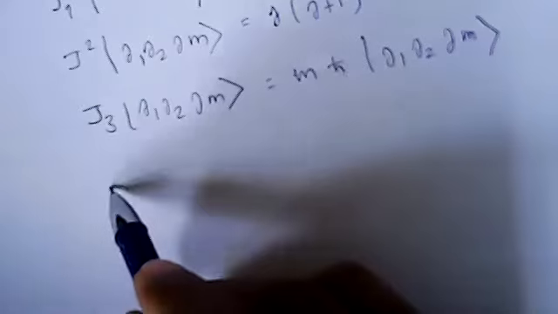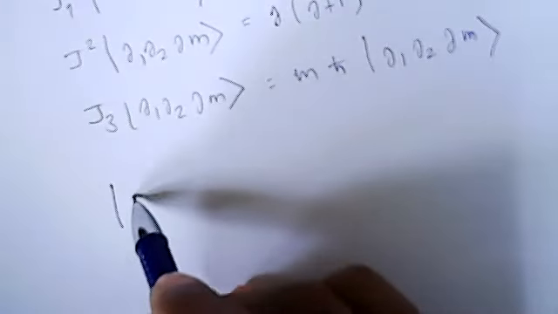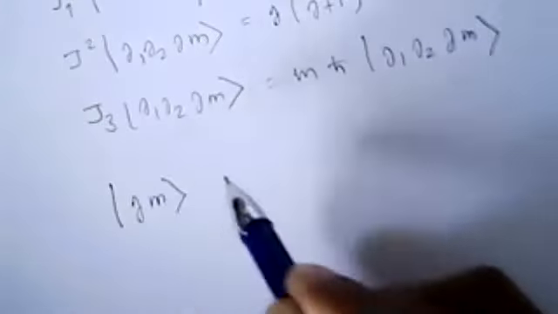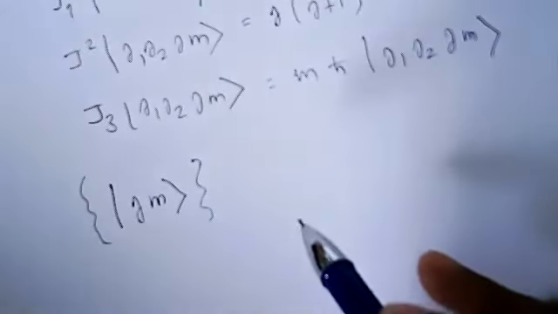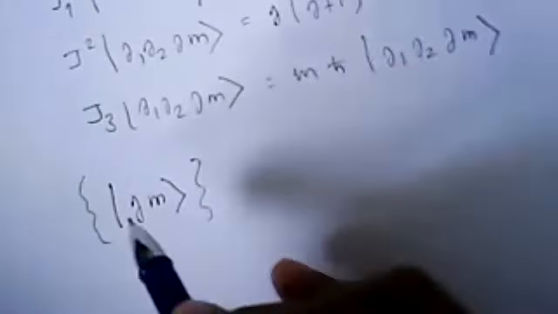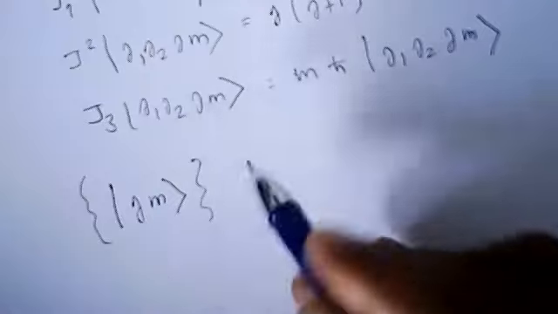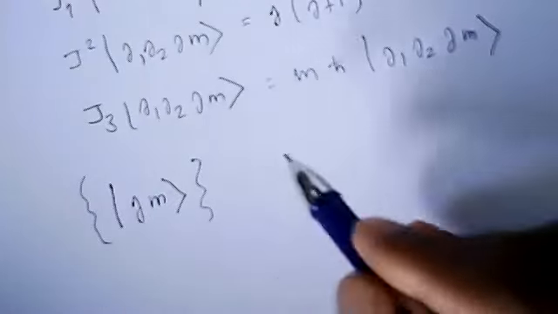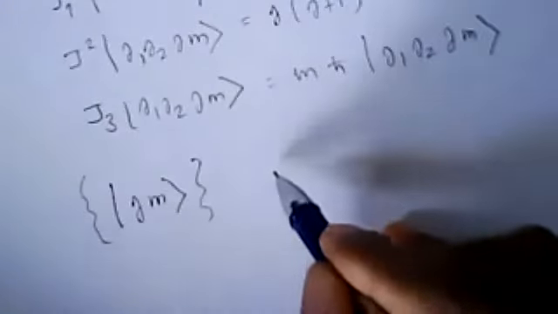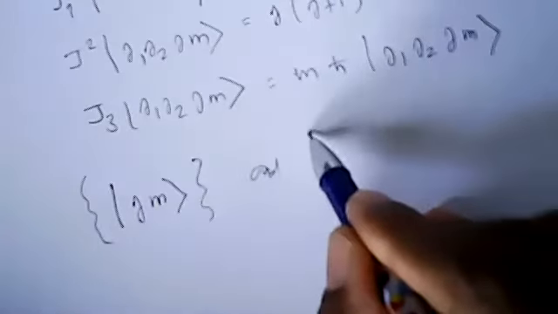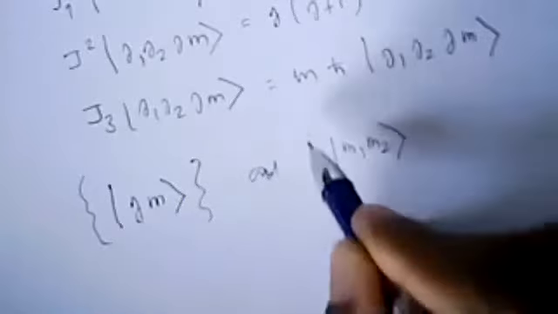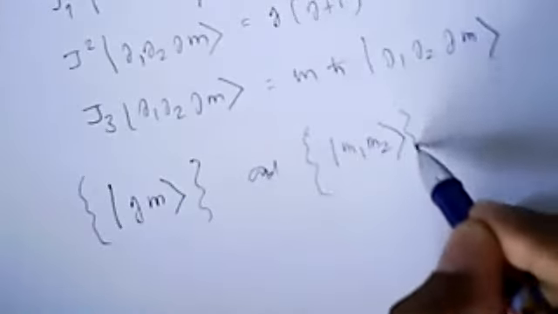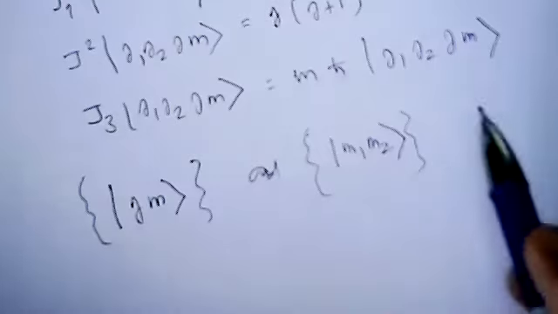One is |J, M⟩, a basis we can represent by Dirac kets, of dimension which we have already discussed, and another is |M1, M2⟩. So we have 2 bases.